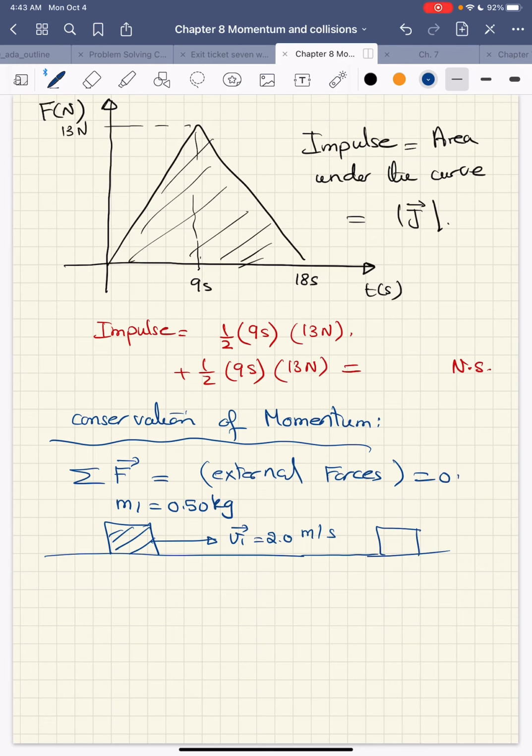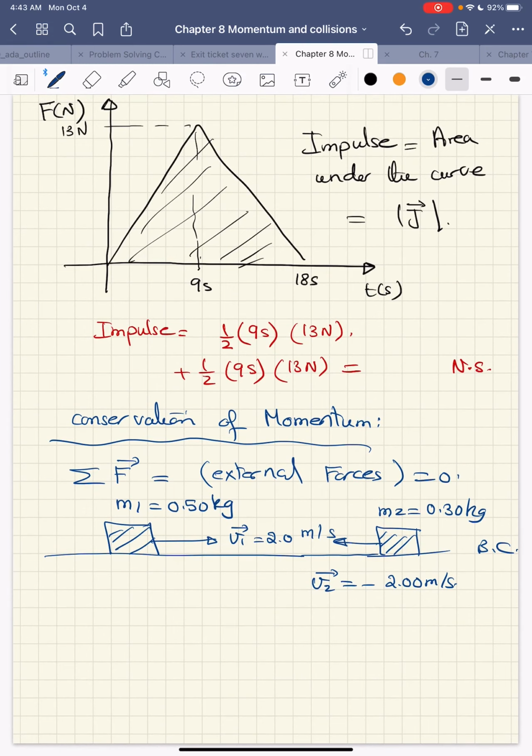And I have mass 2 as 0.3. This is before collision. And when the second mass is moving to the left, like in here, you're gonna give it a negative, don't forget.